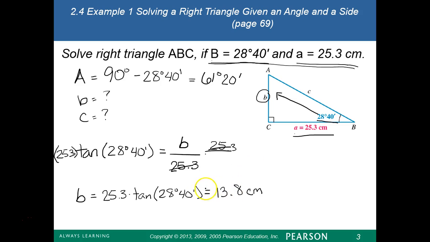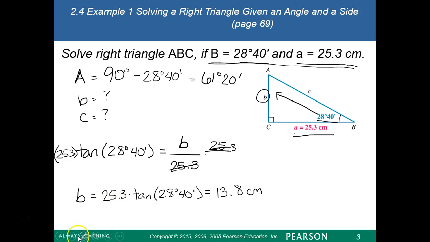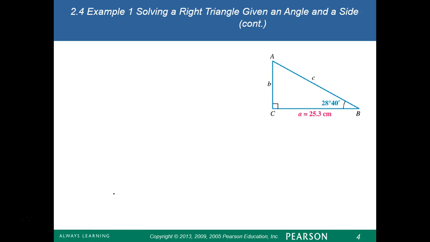Okay, so now let's solve for C. I think I have another slide. Good. So this is my same triangle on this side. Now let's solve for C. C is our hypotenuse, and go with the information that you're given always.